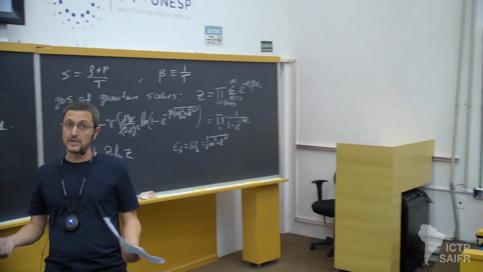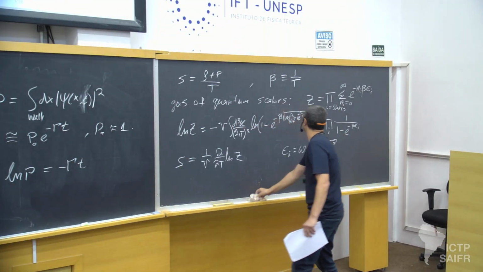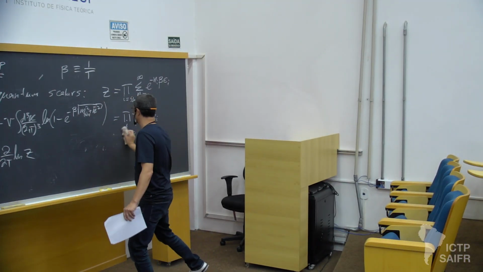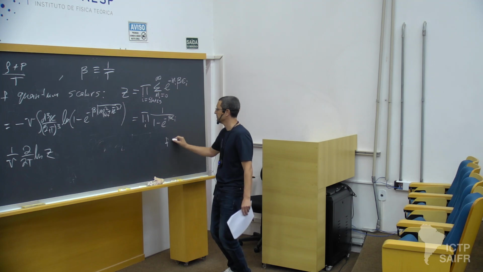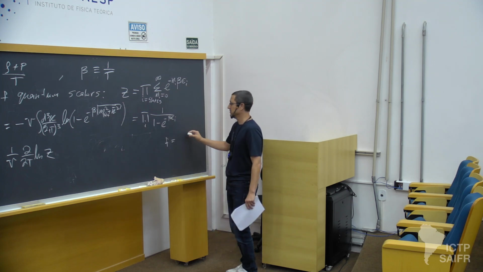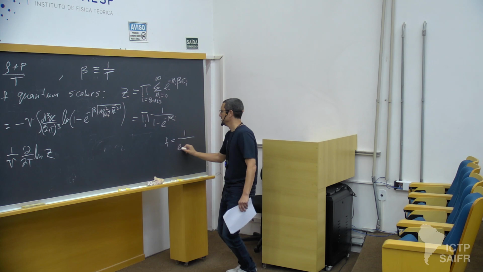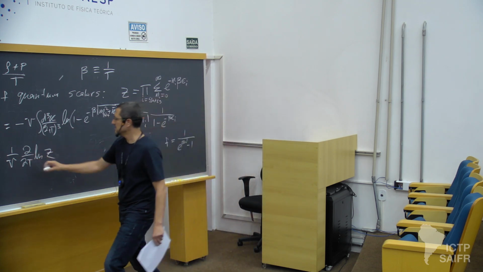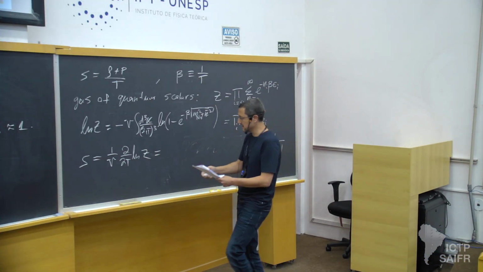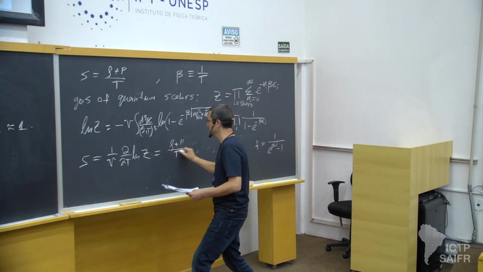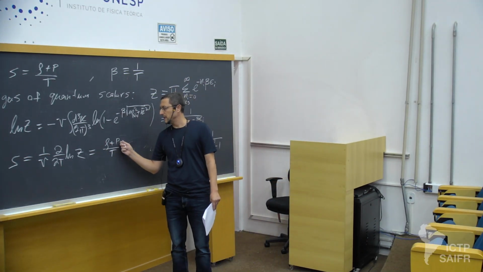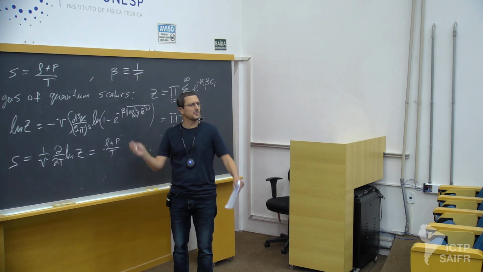And now my exercise for you, it's just playing with integrals. It's a really fun exercise. I suggest you do it. Use our distribution function f, being equal to 1 over e to the beta omega minus 1 for bosons, and show that this object is exactly equal to rho plus p over T, where you simply write the equation for the energy density and pressure of this kind of gas of free propagating bosons.